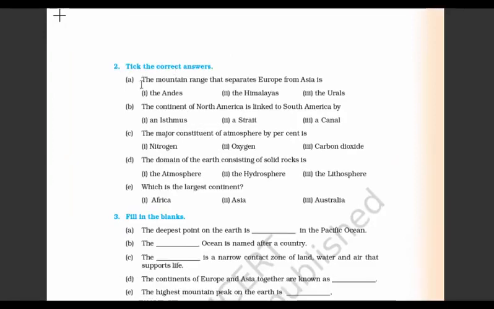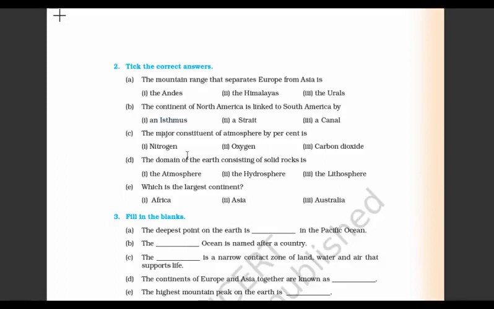Coming to choosing the correct answers. The mountain range that separates Europe from Asia is the Ural Mountains. As I said, Europe, so EU, there should be a U in it, Urals. Second one, the continent of North America is linked to South America by an isthmus. Panama is the name of the place that is the point between North America and South America.